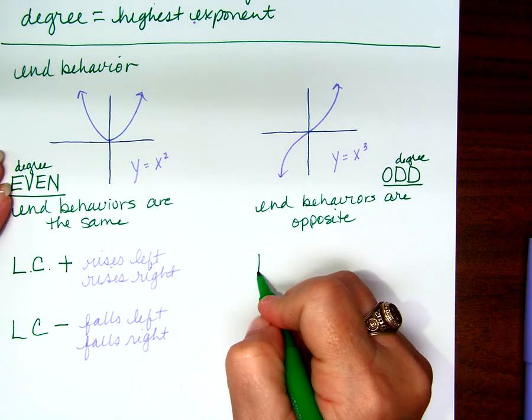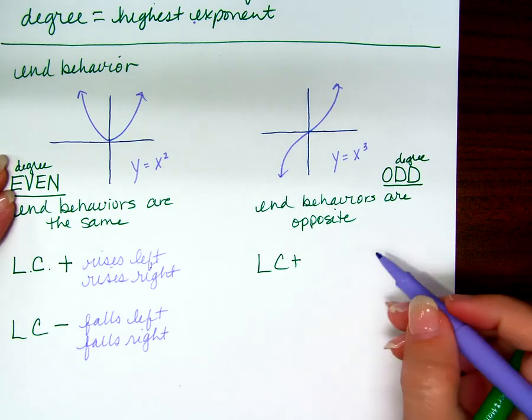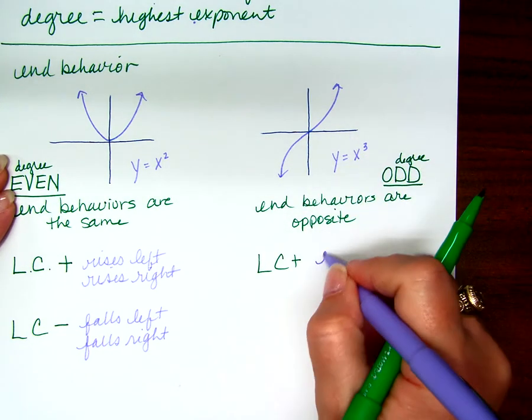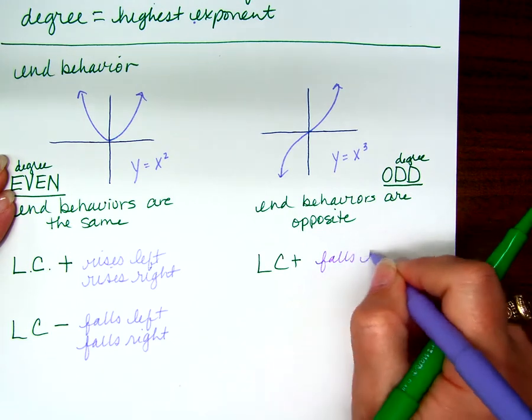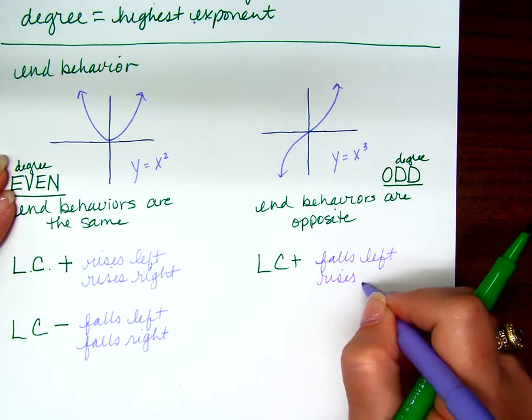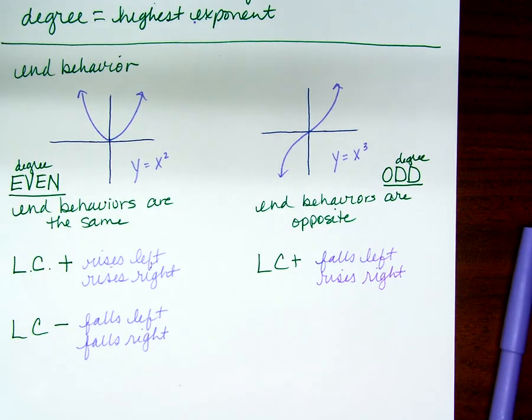So, what is happening when the leading coefficient is positive? What's happening here? Falls left, and it rises right. Now, for the record, I'm always going to tell you what happens from the left first and then the right, because my brain is ingrained to talk about domain, and we always talk about left to right first, don't we?